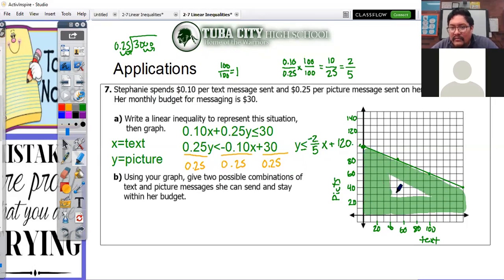So if she manages to send only 20 pictures and 20 text messages, then she would be under budget. All right. Or again, we could look at the mouth and say that it's opening away from the Y. So if this line were to continue on, which it doesn't, because you can't send a negative number of text messages.